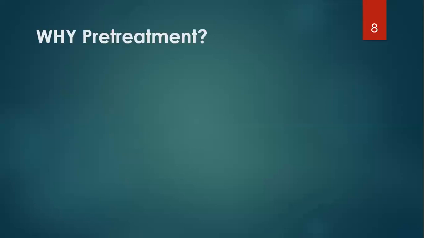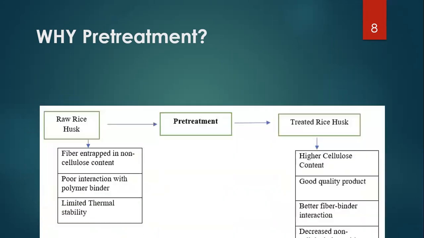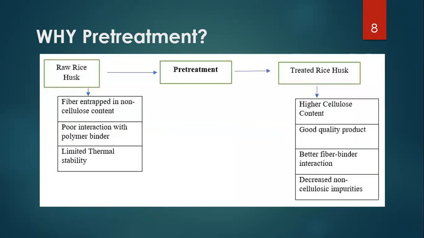In our objective I told you about pre-treatment. Why pre-treatment? Pre-treatment is necessary to enhance the bonding between matrix and fiber and to increase their binding with the polymer. Before pre-treatment, cellulose, hemicellulose and lignin are all present.